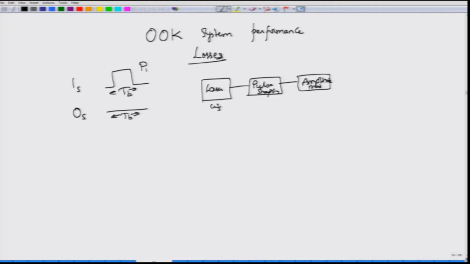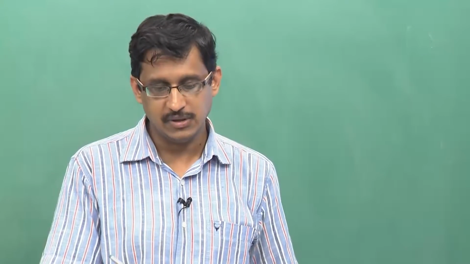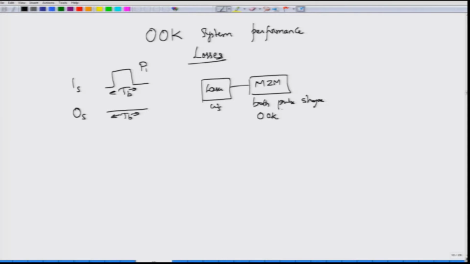In fact, if you are not really concerned about the exact pulse shape, then you can eliminate all these components and simply use a Mach Zehnder modulator in order to generate both pulse shape, because you are naturally getting a pulse shape, and then you bias the Mach Zehnder modulator with the data such that the Mach Zehnder modulator appears to give you 0. So, you can do both pulse shaping as well as on-off keying modulation in the same device. Okay. So, you can use the same device and then transmit it over the fiber.